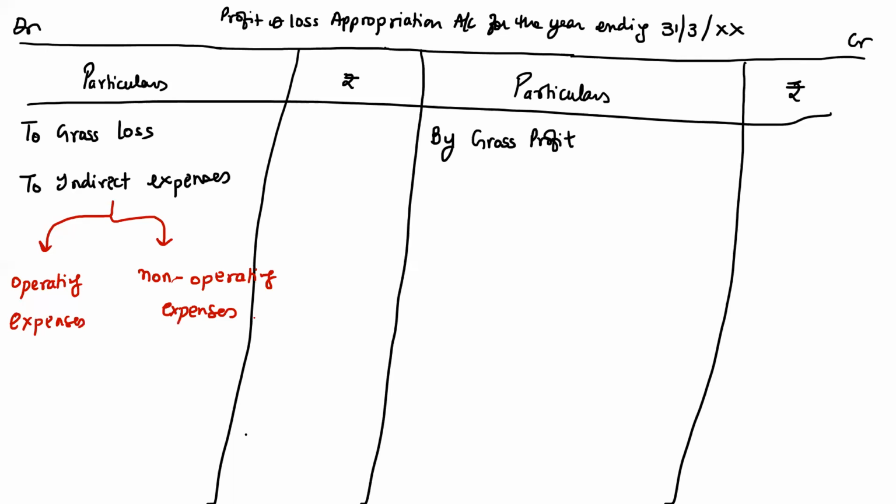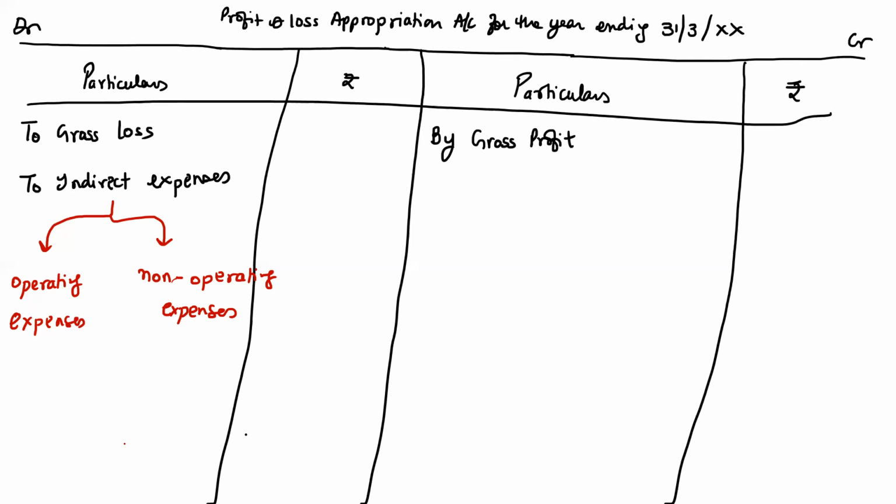Most probably in class 11, they should not be testing you with what are operating expenses and what are non-operating expenses. But I'll just give you a taste of it. You should know it because you are doing profit and loss. What is the difference between the two?